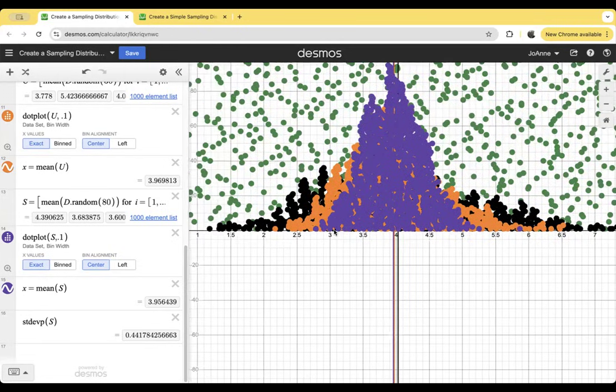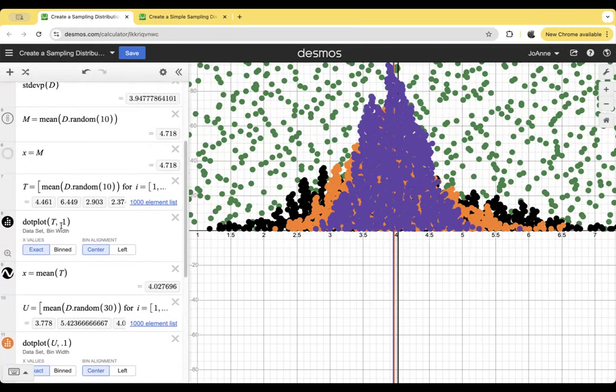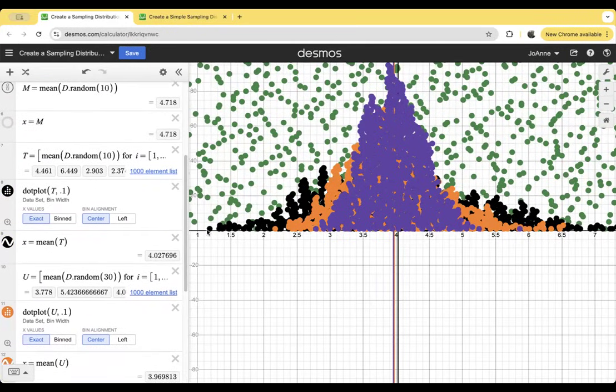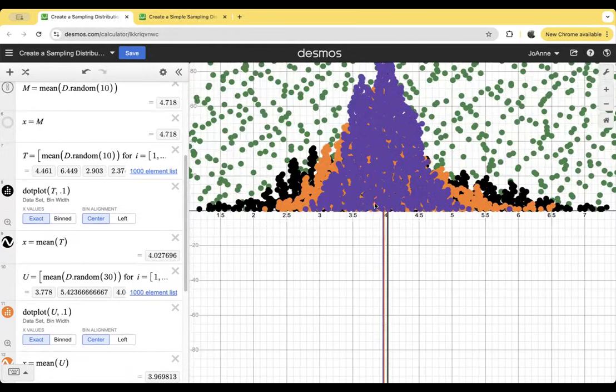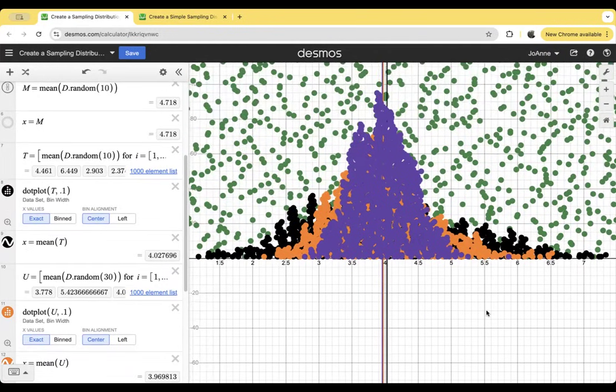The other thing that we see changing, take a look at the spread of data. The spread of the black data is more variable. You see it go out further, and the spread of the orange data comes in even closer, and the spread of the purple data comes in even closer. The variability of the distribution also changes as the sample size increases.